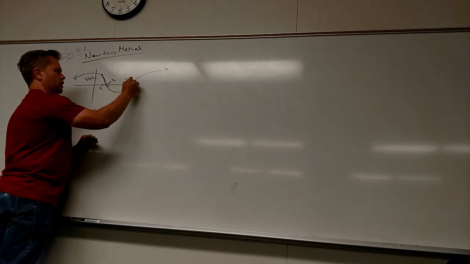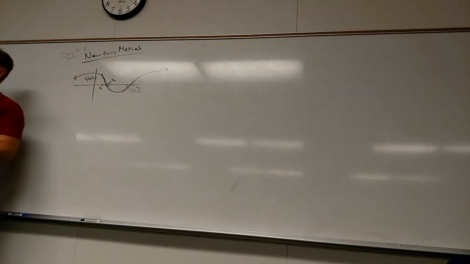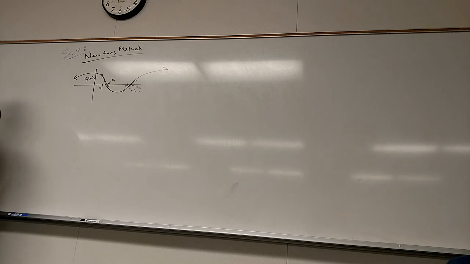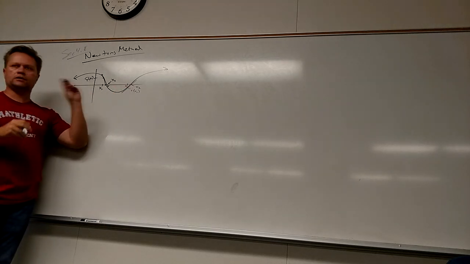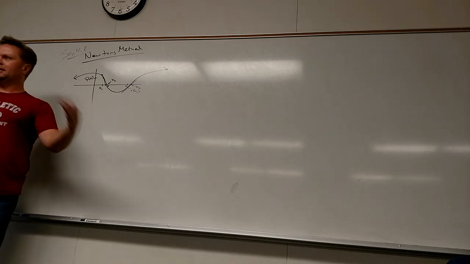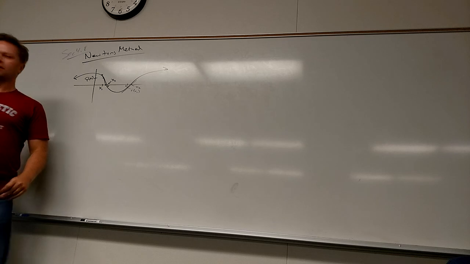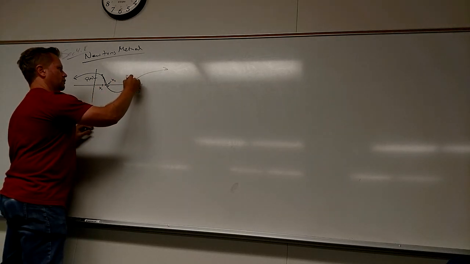And there's my x2 now, the x-intercept of the tangent line. It's a better guess than the first. Is it closer to the actual answer than my first guess was? Yes. And then guess what? I do it again. I get this value, I make a tangent line through it, and I'm just going to keep on getting closer and closer to that dang thing.